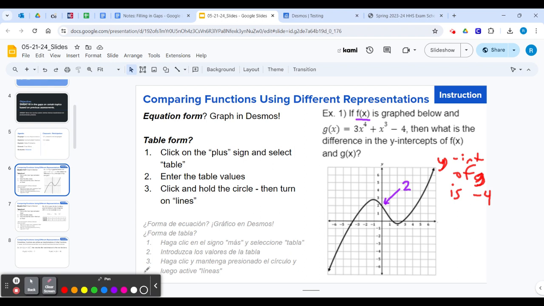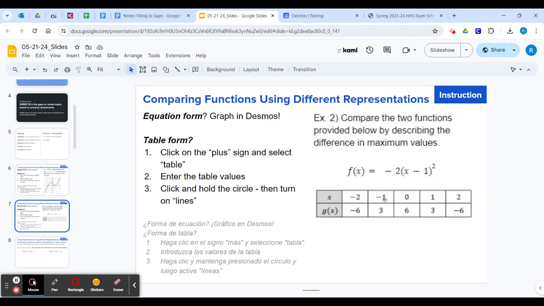If I want to find the difference, the difference is going to be 6. So we have 2 minus -4 equals 6. And we could even say more specifically, the y-intercept of f is 6 above g.